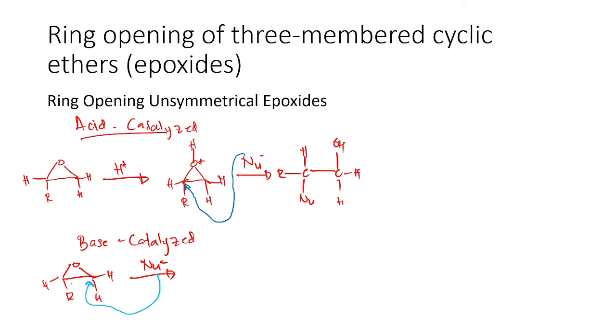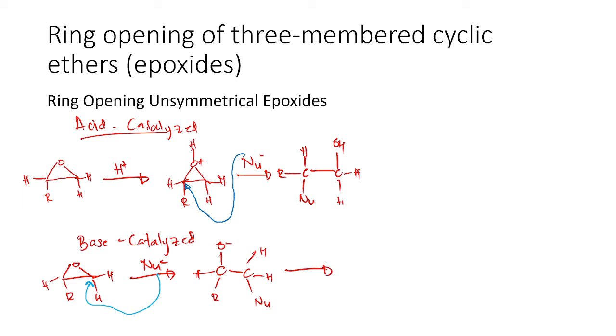So, ibig sabihin, imbis na nandun siya sa may attachment ng R dito sa kabila, therefore producing this compound wherein we will have here an oxygen, then we will have here an R group, then andito yung ating hydrogen, and yung nucleophile. Okay?